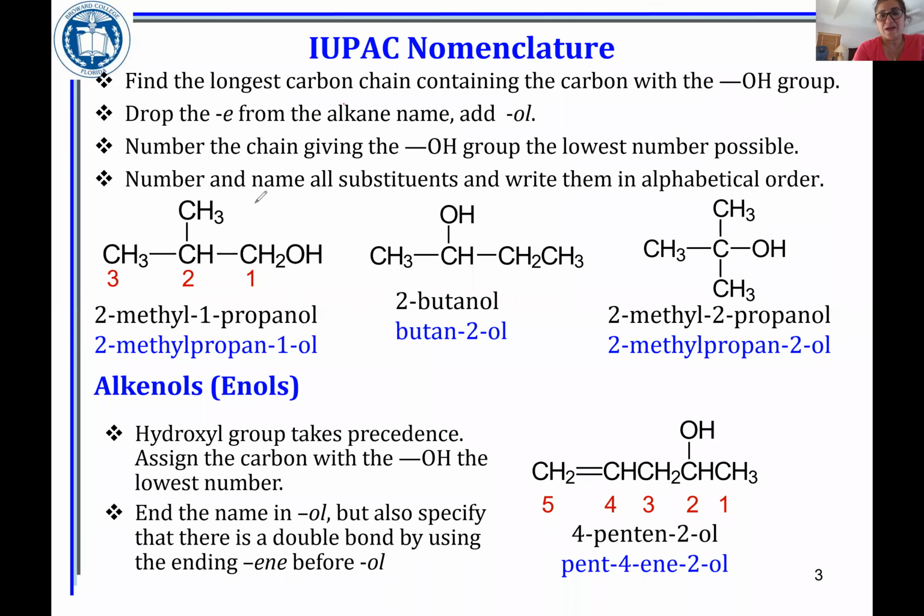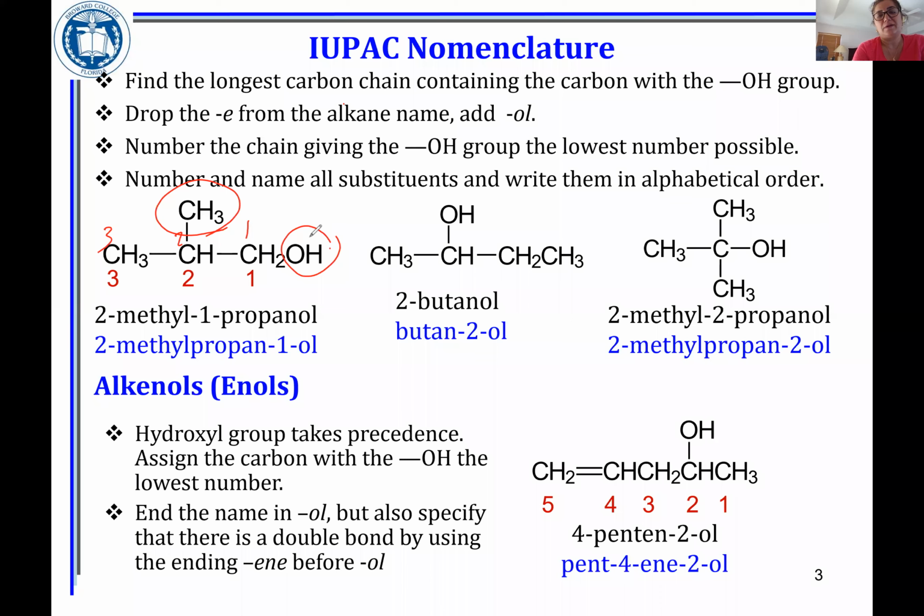So for the example that we have here, I'm just going to work out the same example first, and then I'll bring new examples. So you have carbon 1, 2, 3. OH is on carbon 1. Any carbon that does not take a number becomes a branch. OH is on carbon 1; it could have been on carbon 2 also, so we have to specify which carbon the OH is on.